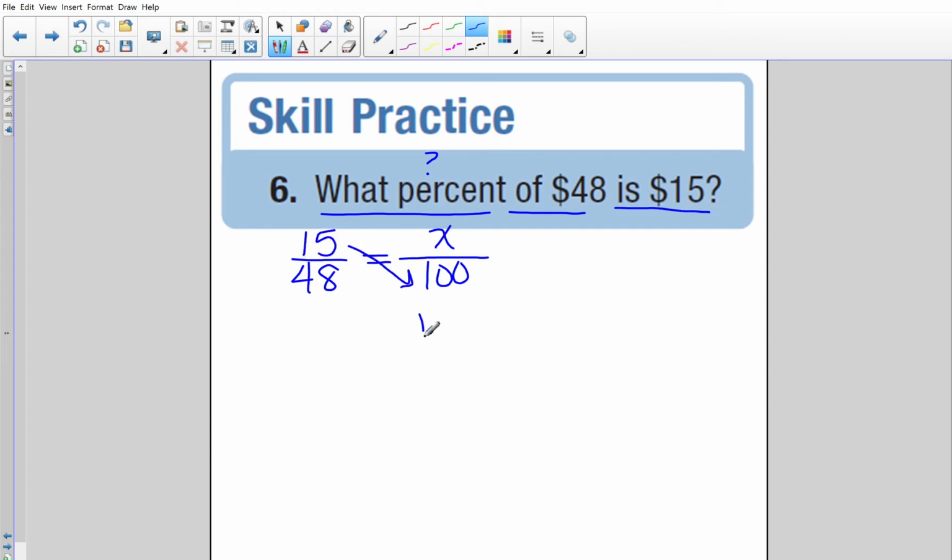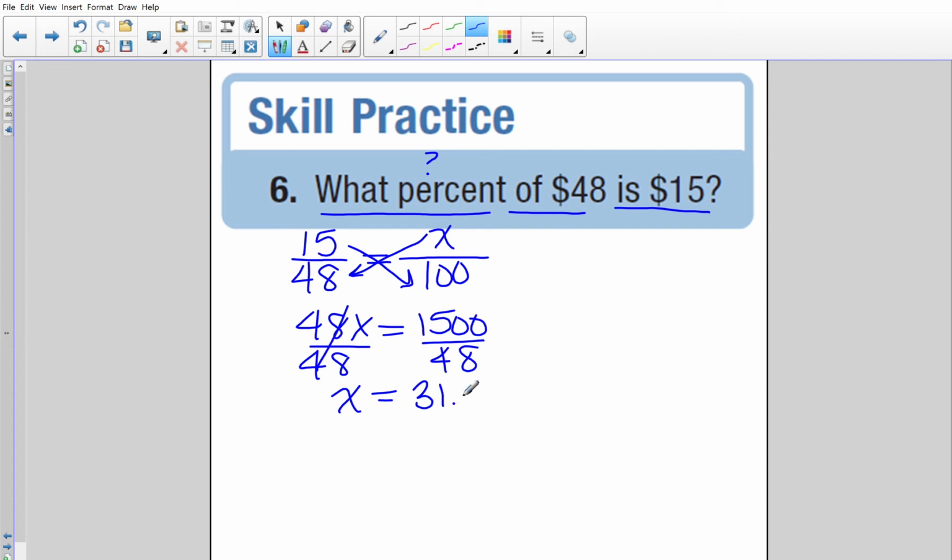Cross multiply, we have 1,500. And that's equal to 48x. We'll divide both sides by 48. And 1,500 divided by 48, it's like 31.25 maybe percent. And then we're going to make sure it's labeled as percent.